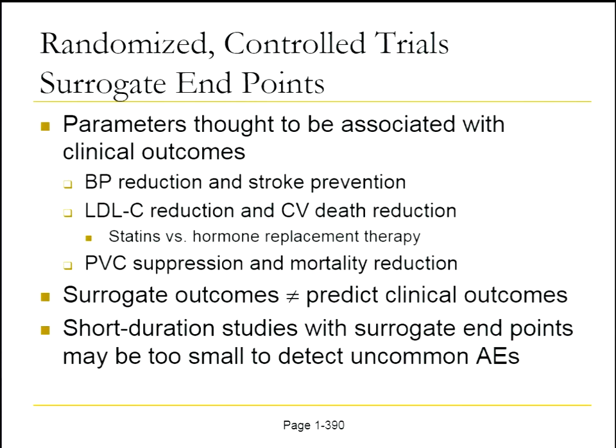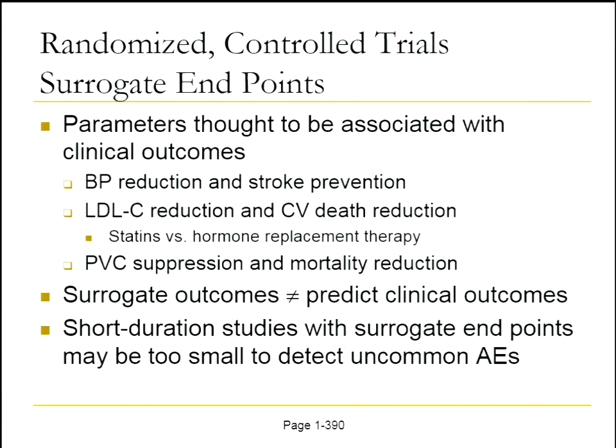Surrogate endpoints present some different problems, and I want to highlight just a couple of surrogate endpoints and the potential importance of understanding what these things actually mean and how we use them in our interpretation of clinical trials. So we don't give blood pressure lowering medications to lower blood pressure, right? We give them to prevent stroke and mortality.